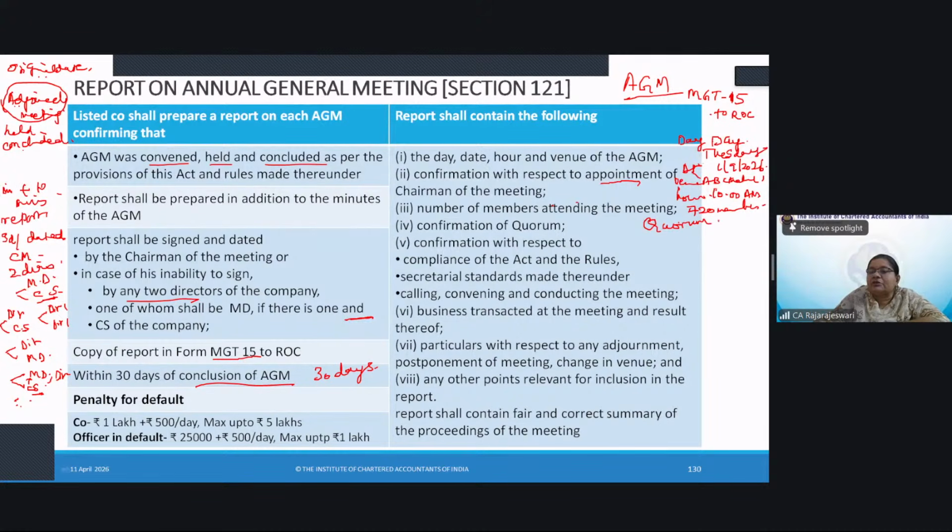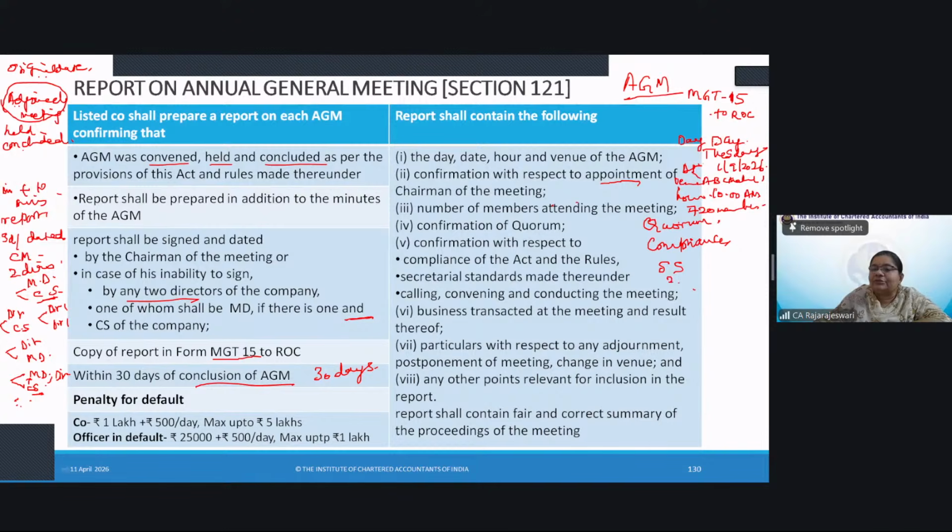We saw in the case of a general meeting that the quorum is 15, 20, 30 members. So confirmation of quorum, and compliance with the Companies Act 2013, the rules, and the secretarial standards, SS.